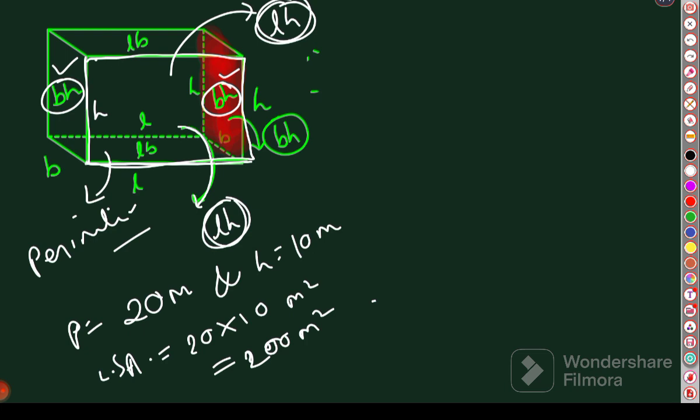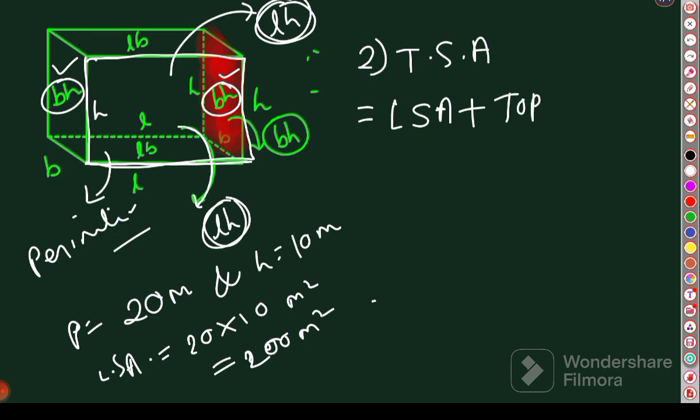Total surface area means these four walls, that means the sideways walls, the LSA, lateral surface area, plus the top surface and bottom surface. Top plus bottom face.